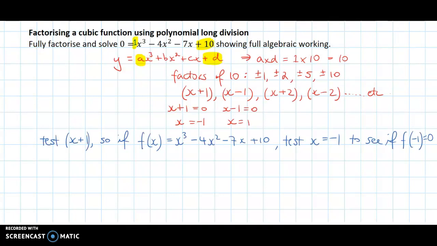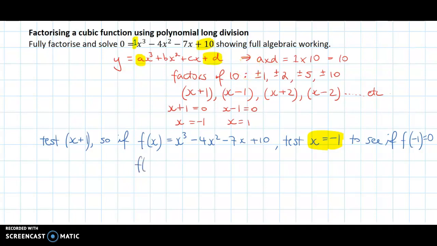For this first test, I'm going to test the first one I suggested, x plus 1, as a factor. So if I define my function as I was given, using f of x, I'm testing my reverse thinking null factor law. I'm testing x equals negative 1 to see if I end up with 0 as a result.